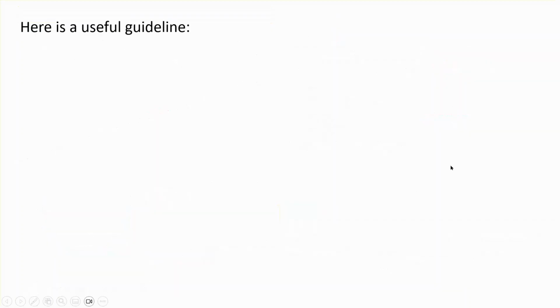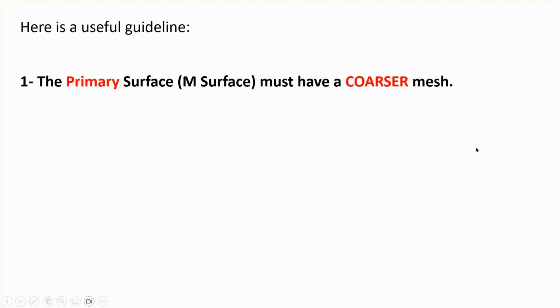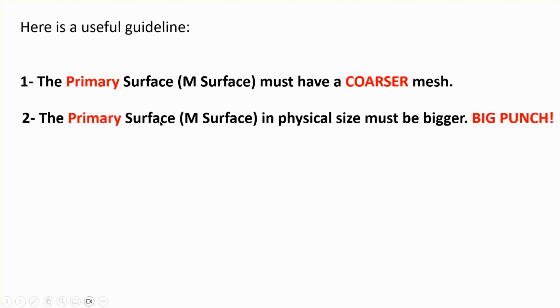Here's the guideline that most FEA software, including Abaqus, which is the solver in the 3D Experience, suggests. The primary surface, M surface, must have the coarser mesh. We already said that. The primary surface, M surface, must be bigger in size, a big punch basically. It's physically bigger in size.